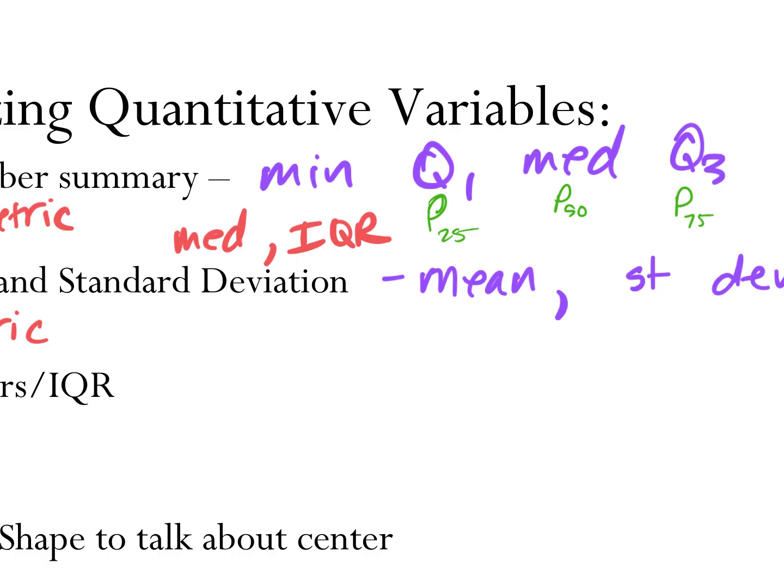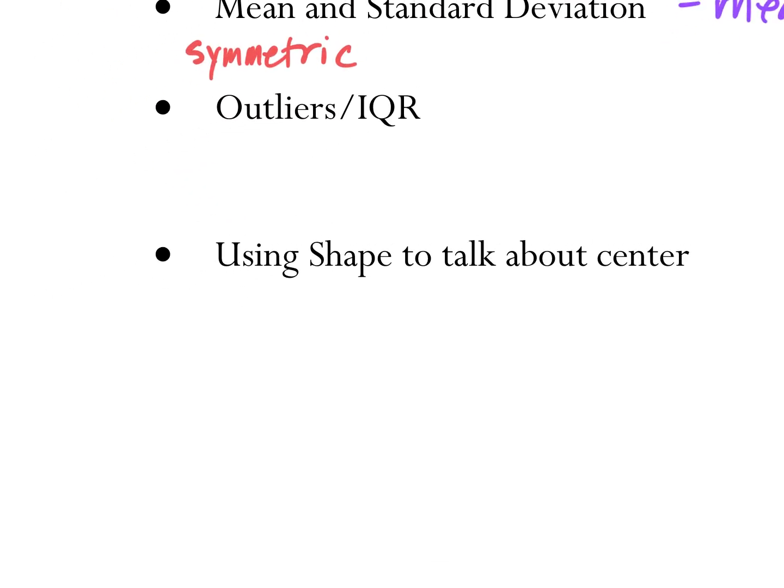Okay? Everybody good? Now, all of these are what I would call measures of position. They kind of describe where certain values lie. Okay? Outliers. We had 2 rules. We had the IQR rule.